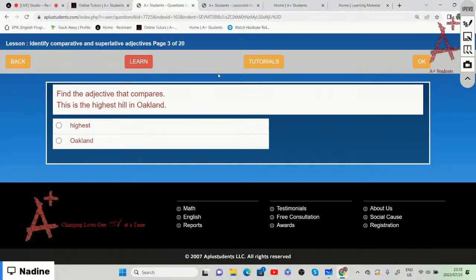All right, so now if we select the adjective that compares within the sentence, then we can say it is highest, right?